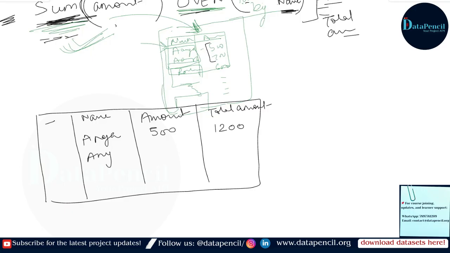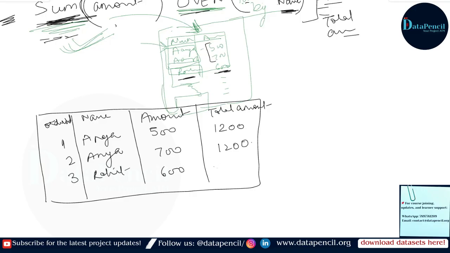Then Anya again, because order ID 1, order ID 2 are also here, and the amount is 700 and the total amount is 1200, right? Now the third order ID is of, who is this? Rohit's. So Rohit, and his order amount is 600.